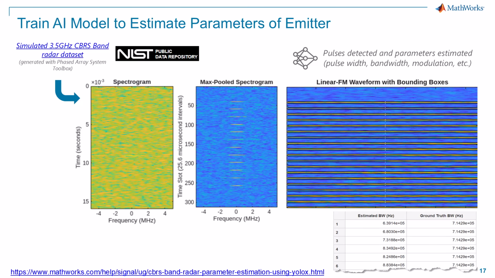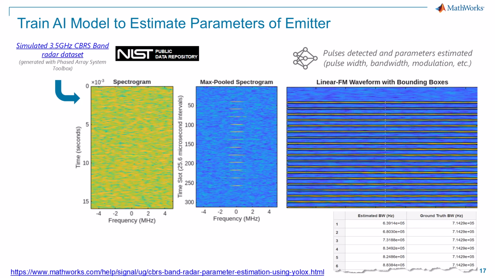The technique is to compute spectrograms, apply max pooling over the frequency to enhance radar pulses that are shorter than the analysis window. Then use a YOLOX detection network to find individual pulses and estimate their parameters: bandwidth, pulse width, modulation. The results table shows estimated versus ground truth bandwidth within about 10%.